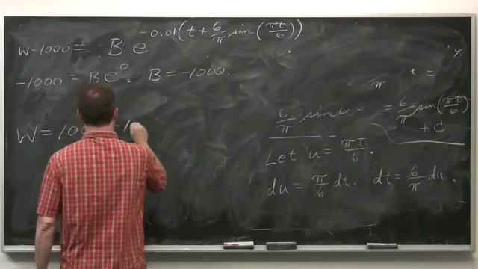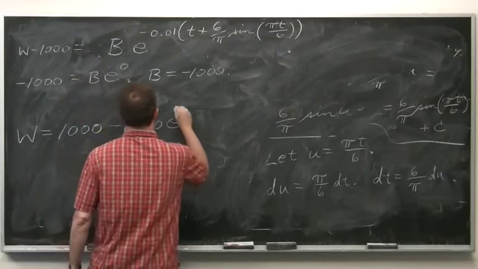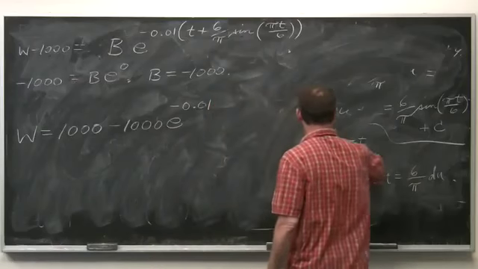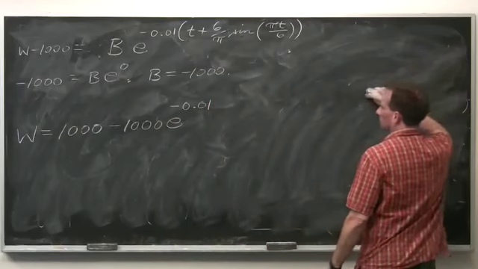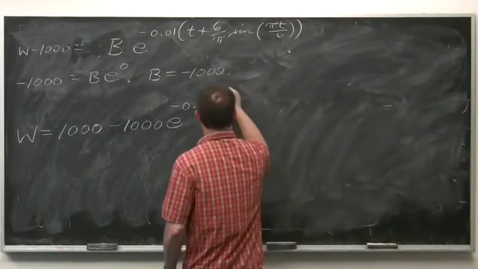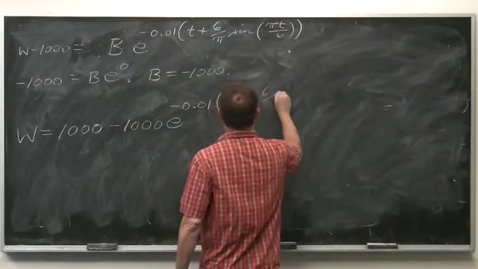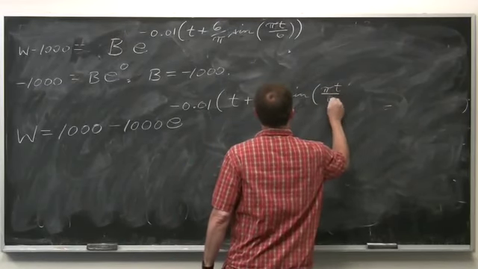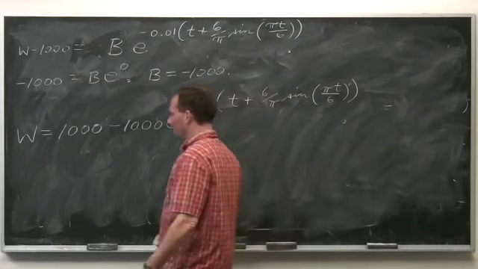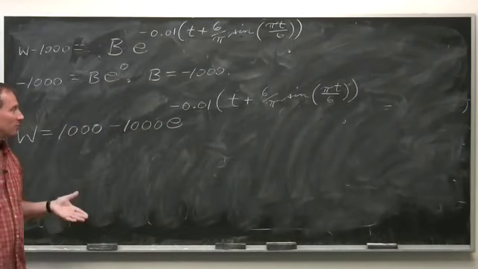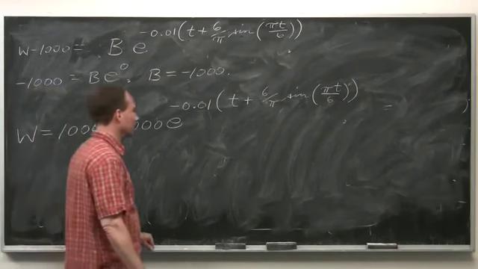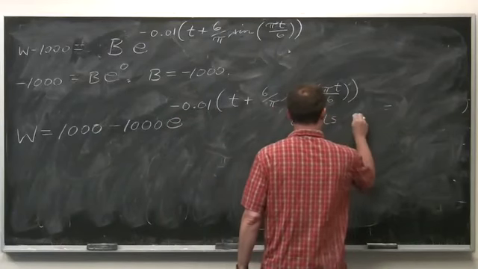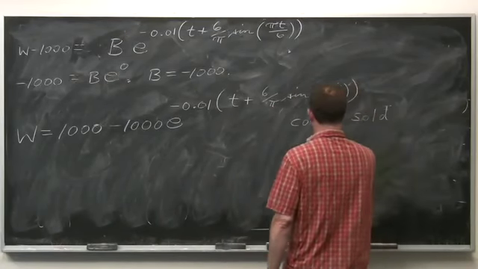It is minus 1,000 times e to the negative 0.01 times t plus 6 over pi sine of pi t over 6. This is the number of coats sold after t months, so this many coats sold in this small city after t months.